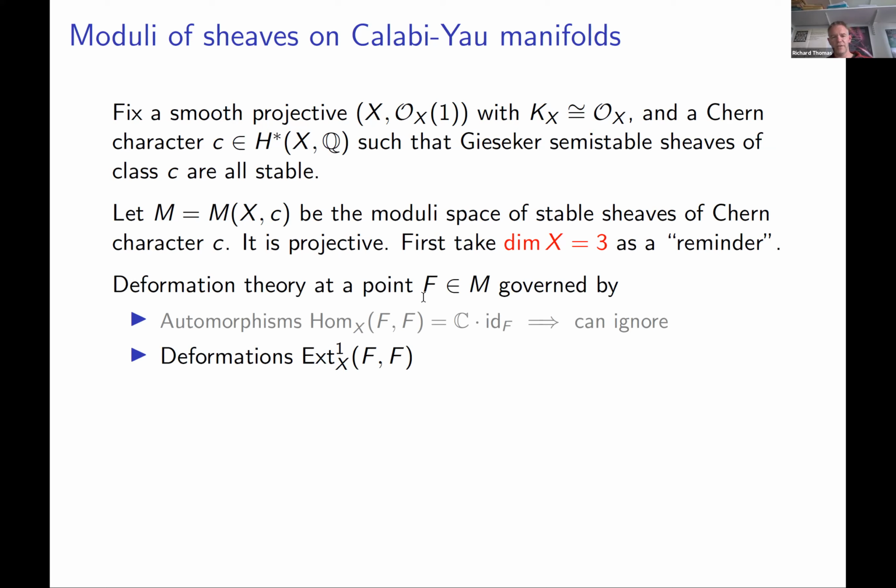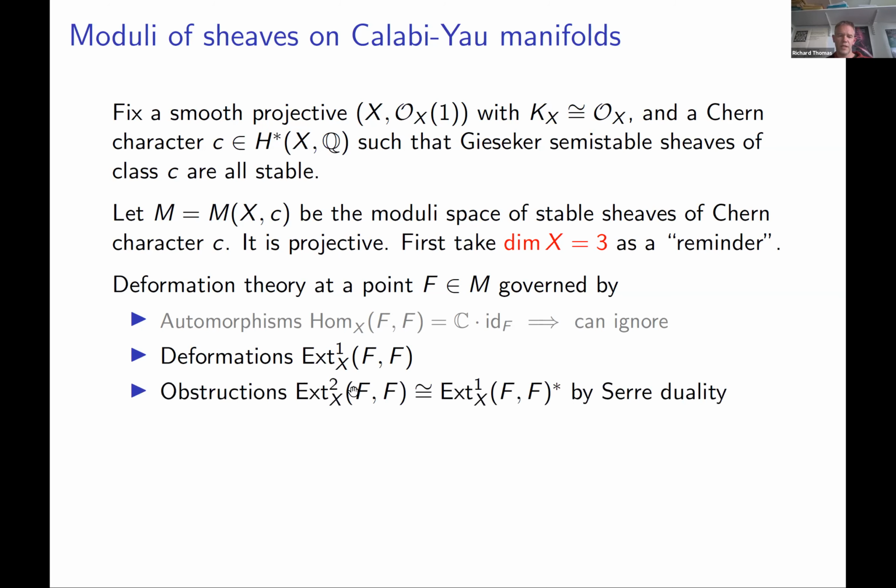So you pick a sheaf on your Calabi-Yau threefold. Its deformations are governed by Ext^1. Its automorphisms are governed by Hom, but they're just sort of constant. Because I've got stable sheaves here, they're all simple. They all just have scalar automorphisms. So you can essentially ignore this, or you can pass to trace-free Homs and then they vanish. So you can ignore that piece.